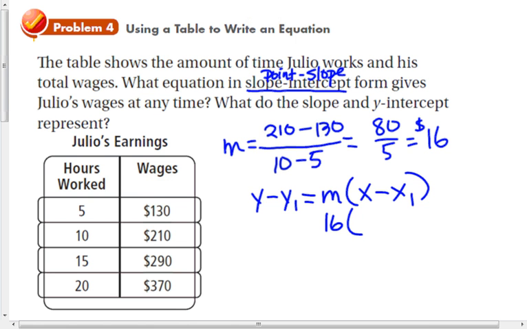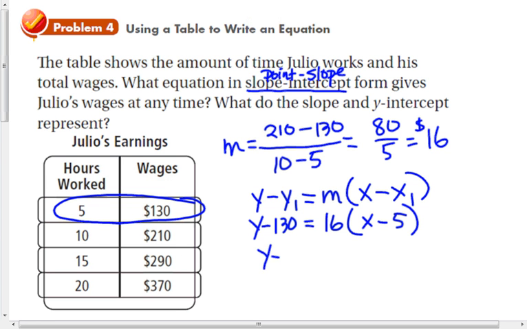Slope is 16. And we can just pick any one of these points to use for the x1 and y1. So x minus 5, y minus 130. And then you could actually simplify that to make it a simpler equation by putting it in slope-intercept form.